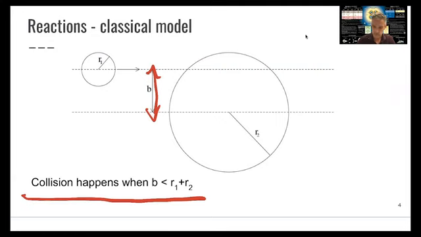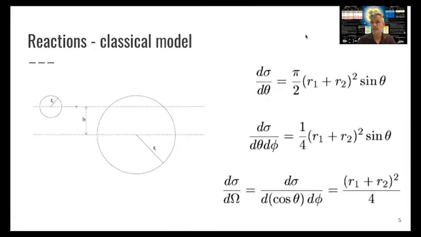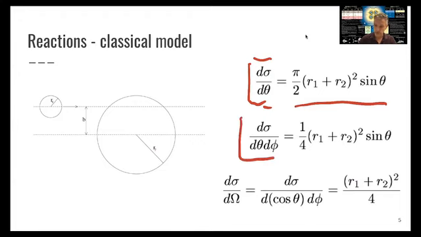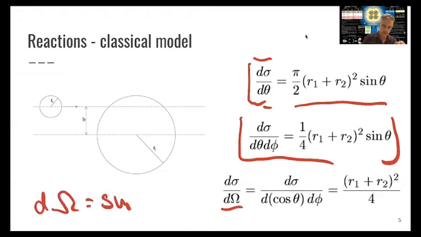Okay? Now we can analyze this reaction a little bit more and look at angular distributions. We find that this differential cross-section distribution is given as a function of sine theta. We can also express this using the azimuth or as a solid angle. As a reminder, the solid angle element d Omega is equal to sine theta d theta d phi.